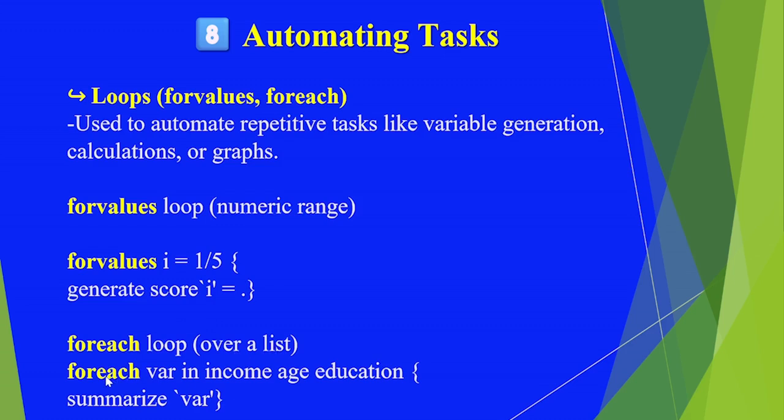For example, foreach var in income age education, we're telling STATA to summarize. In short, the main objective of this line of code is simply to summarize each and every variable that is specified here, such as income, age, and education. We just need the 5-number summary.